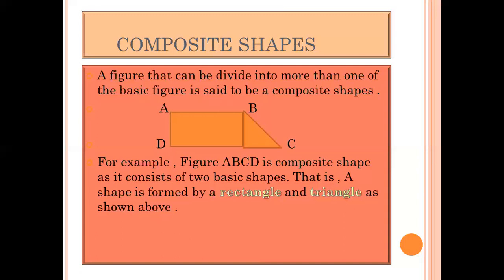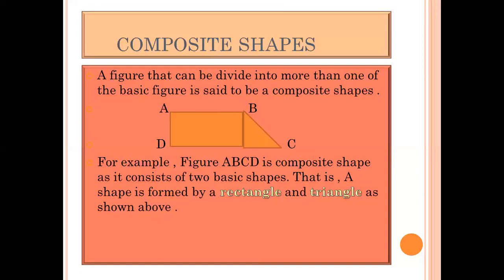It means that if any shape is given and we convert that shape into more than one basic shapes. Basic shapes are rectangle, square, triangle, like these types of shapes. So if any figure can be converted into two or more than two basic shapes, then that figure is called a composite figure.